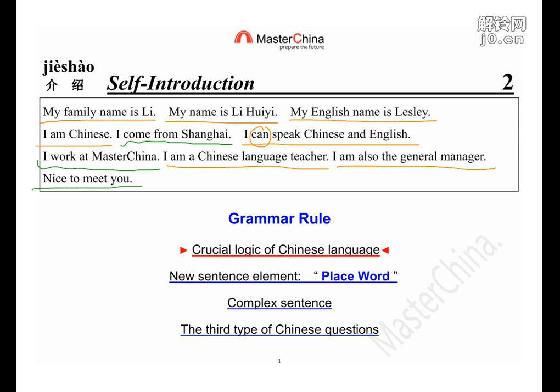So you can see, I'm not only explaining the grammar rule. I need to explain to you why Chinese people do this rule. This is the biggest difference between Mass China teaching and the other universities or language schools.